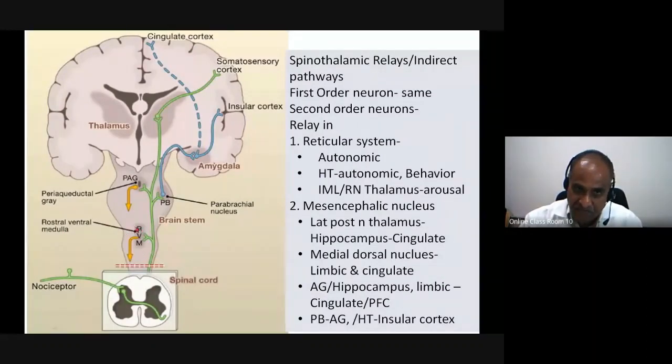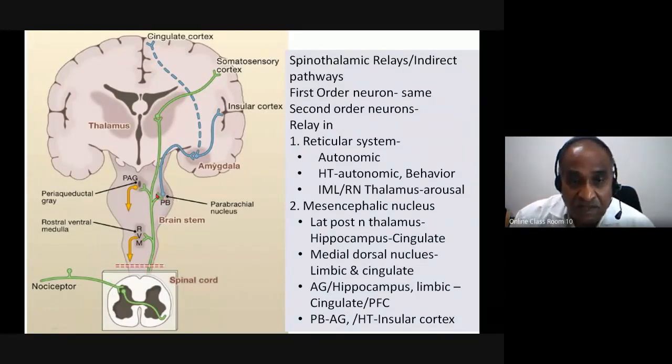Now you come here, this is the mesencephalon or midbrain. Around the periaqueductal gray, they give one collateral. Then they give a relay in the parabrachial nucleus. So that is also one of the relays, just before the mesencephalon.